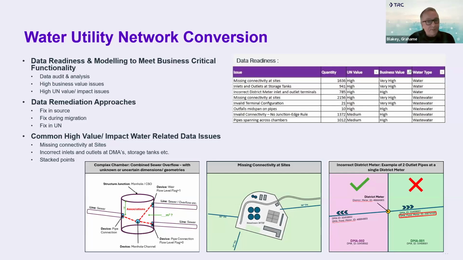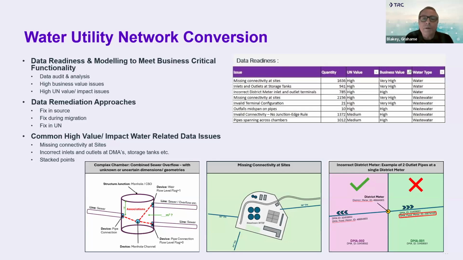Now, you may be able to fix this type of issue at source in your design and build databases, for example, or you may be able to extract this data from original hard copy drawings, squirreled away in a plan chest somewhere, or you may not have them at all, in which case your only option may be to fix them at source via site inspection or survey. But as Tommy said earlier, fear not, these issues can be resolved as we go through that process we just looked at in the slide before, and indeed post initial release.